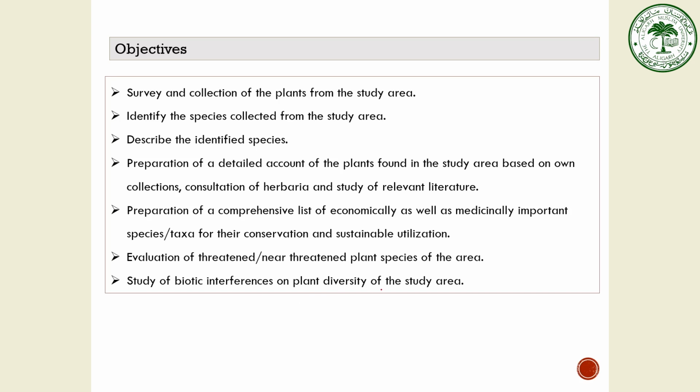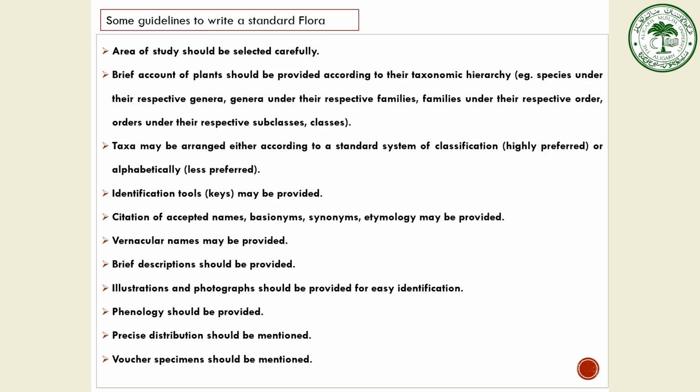So we have certain objectives for writing the flora, and these are some of the objectives listed here for writing a flora. And there are some guidelines for writing a flora, like the area of study should be selected carefully. Then a brief account of the plants should be provided according to their taxonomic hierarchy, like species under the respective genera, under their families, under their respective order, subclass and classes.